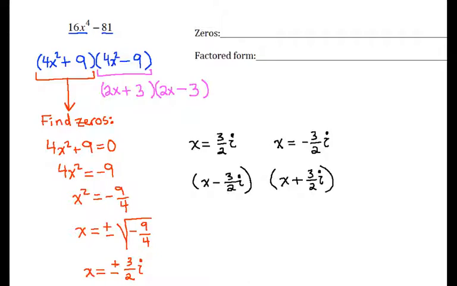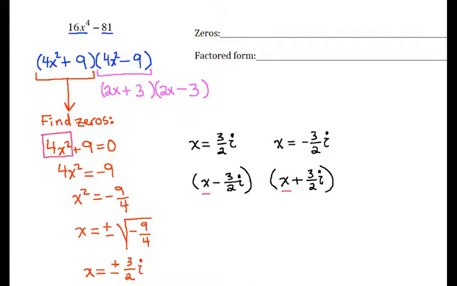We can see, however, looking at these, that if I were to FOIL this back out again, my first term would be x times x, which is x squared. But the first term in this polynomial that I was just working with is 4x squared. What happens when we reconstruct factors from the zeros is that we lose a little bit of information, which is the leading coefficient, or what this whole polynomial could have been scaled by.